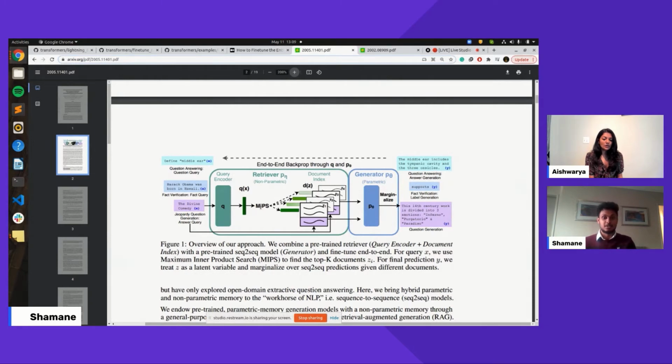Just imagine your external knowledge base consists of, let's say, millions of documents, right? So you have these millions of vectors, and during the training time, you need to find the most important things. So you need to always use some kind of maximum inner product search library like Faiss or ScaNN.